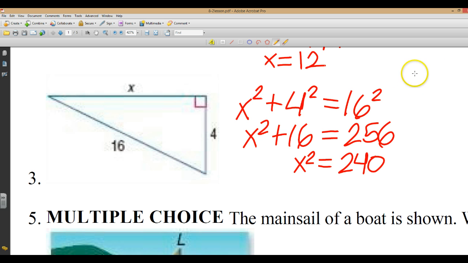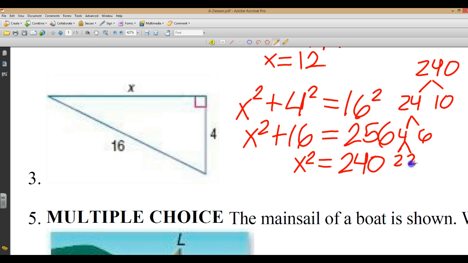240 can be broken down to 24 times 10, which is 4 times 6, so 2 times 2, and 2 times 3, and 2 times 5.